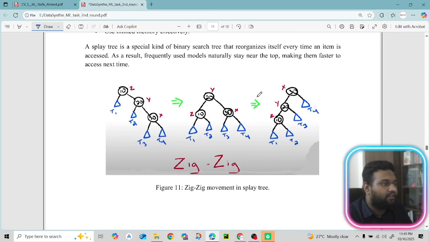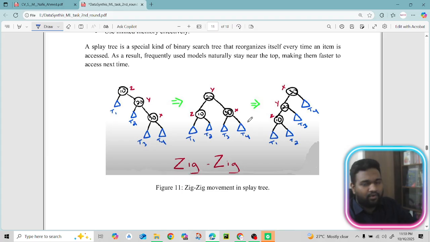So what is a splay tree? A splay tree is a tree that uses the rotation technique to keep the recently used node, or machine learning model, at the root. Very simple. The recently used or most used models will be closer to the root node.